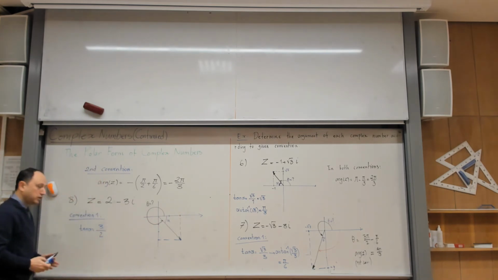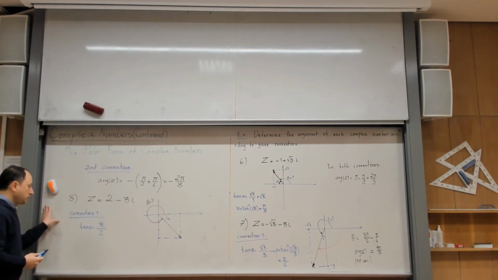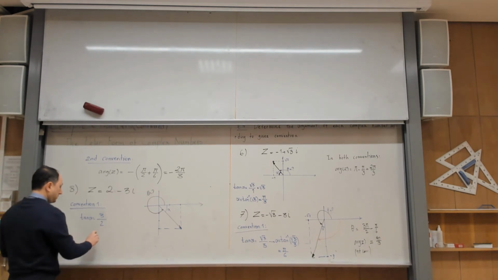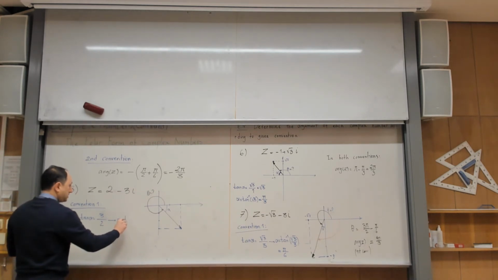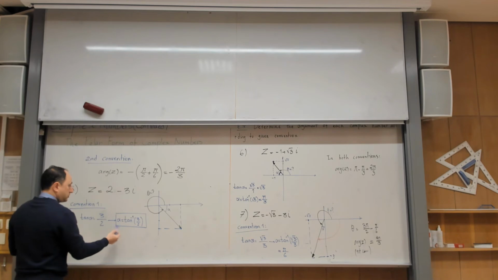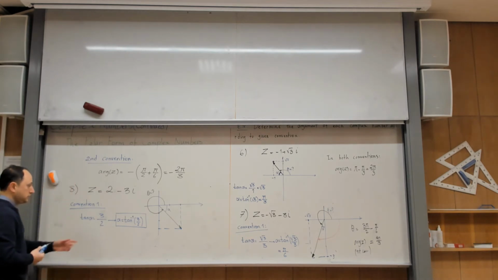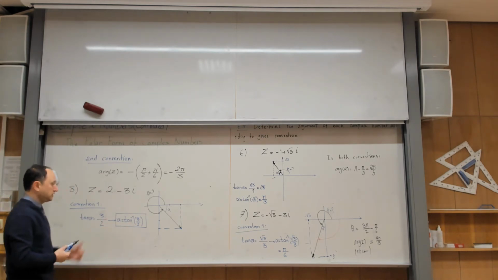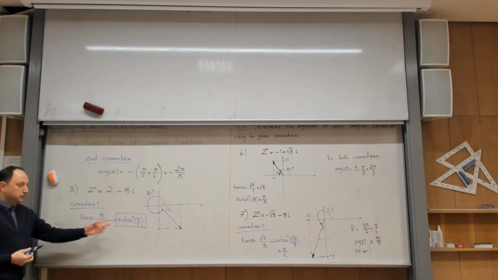But this is not among the famous angles. So what you have to do, you have to write alpha is equal to tangent inverse of 3 over 2. That's it. Of course, if I ask you to do some approximations, you put this number in the calculator and you get some decimal points. But here you just keep it like that.